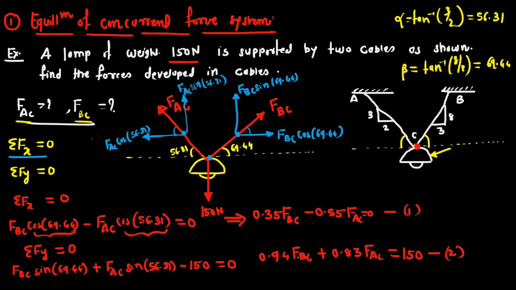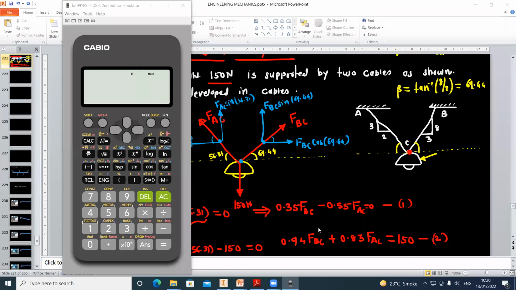Now these two simultaneous equations we can solve directly in the equation mode of your calculator. To solve these two equations 1 and 2, select the mode, select the fifth equation and select the first option. Okay. So this is the two variable equation.